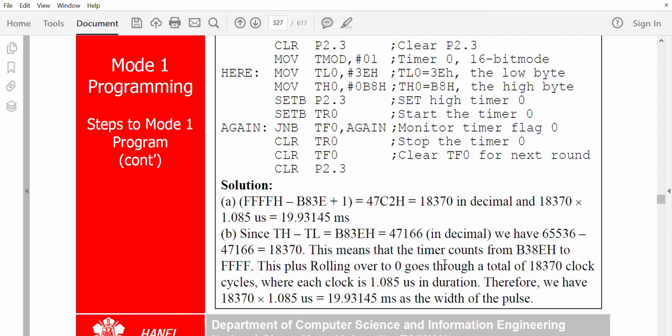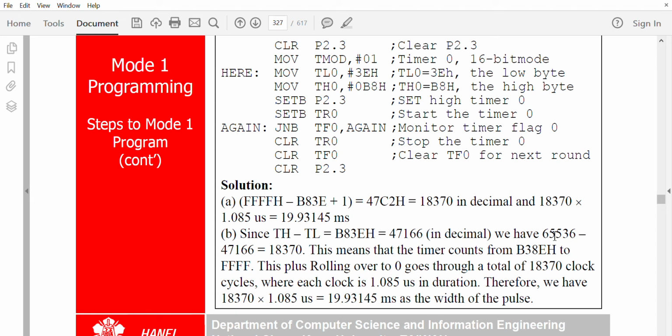Similar thing, computed in decimal. TH TL is 47166.